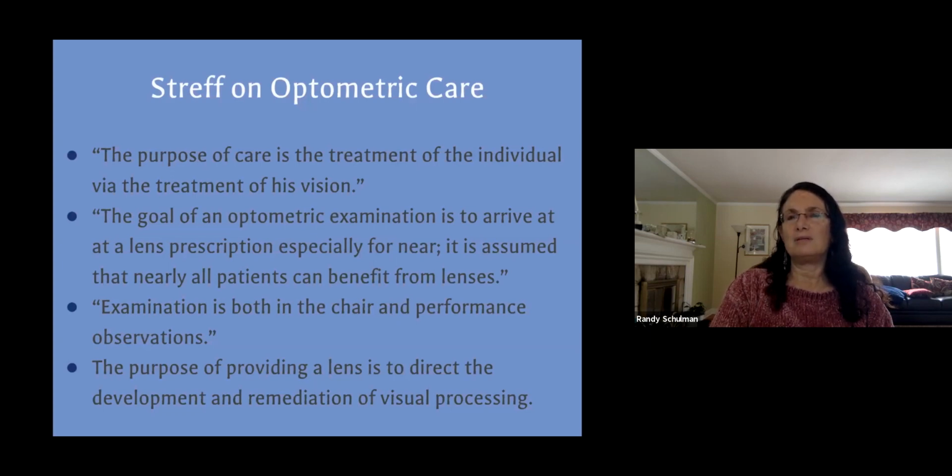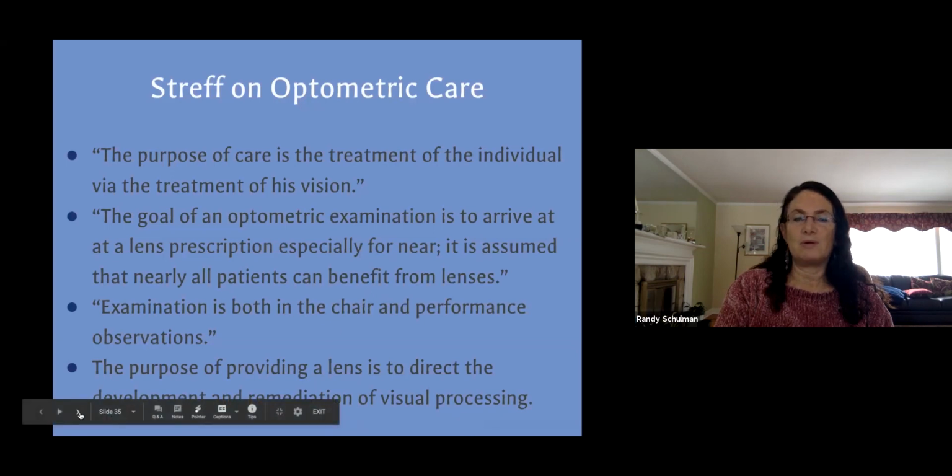We don't necessarily think everybody needs glasses, but in this model, many people can benefit from glasses. Not all, but many more people can benefit from lenses than one would think. So really, if we're thinking about it as the lens is going to prevent stress, aid in development, and fix a vision processing problem, then we're going to be prescribing for a lot more individuals.